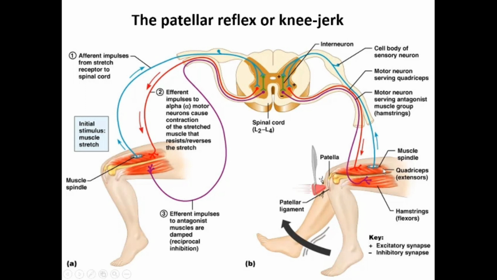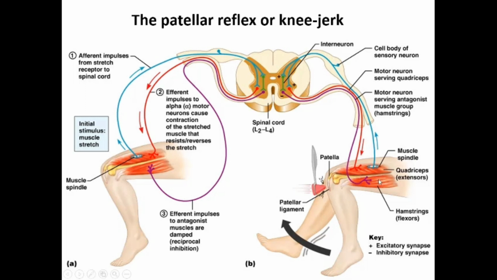For example, in the anterior part, we have the extensor muscle called quadriceps, and in the back of the thigh, we have a flexor muscle or hamstring muscle. In the medical examination, we have a test called patellar reflex or knee jerk for examination of muscle functions.